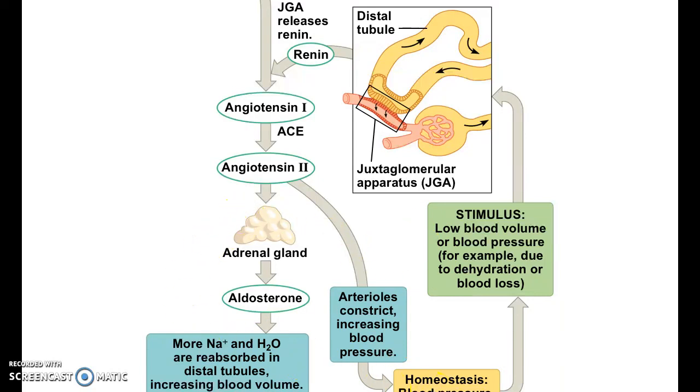It maintains blood pressure as well as blood volume. They are interconnected. The more volume there is, the more pressure there is. Usually the stimulus is around the juxtaglomerular apparatus, which is this whole system, right there.